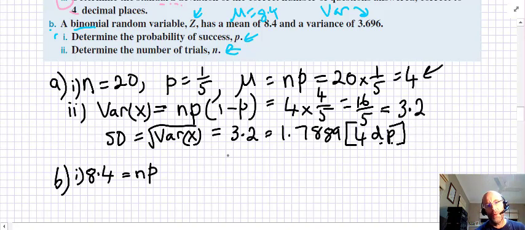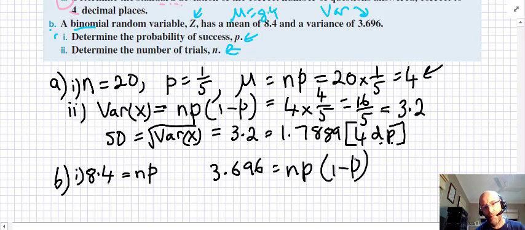What else do we know? Well, we know the variance, and that's 3.696, and the variance is n times p times 1 minus p. And we know that n times p is 8.4, so this bit here is 8.4.